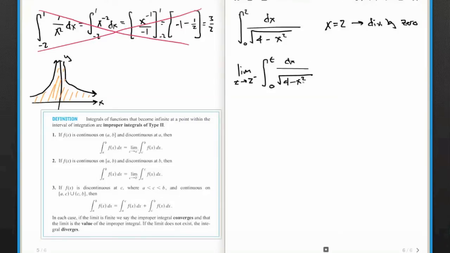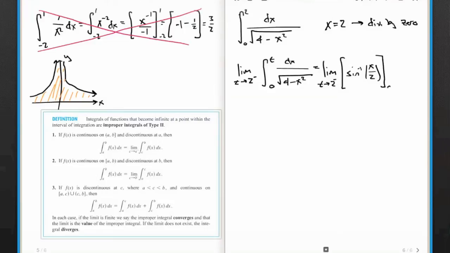Now, back from chapter 8.3, 4 minus x squared, it's something minus x squared, so that leads us to think that we use the sine function as our substitution. And if we were to go through and do this whole thing, we discover that this would be the limit as t approaches 2 from the left of the arc sine function of, and it works out to be t over 2 or x over 2.